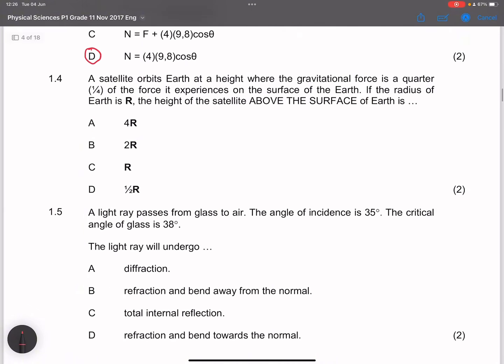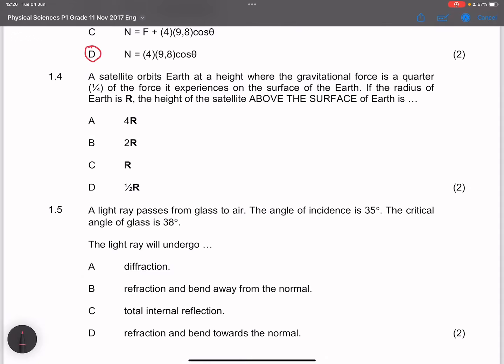Then the next one, they say to us a satellite orbits Earth at a height where the gravitational force is a quarter of the force it experiences on the surface of the Earth. Let's just say for argument's sake, here's Earth.